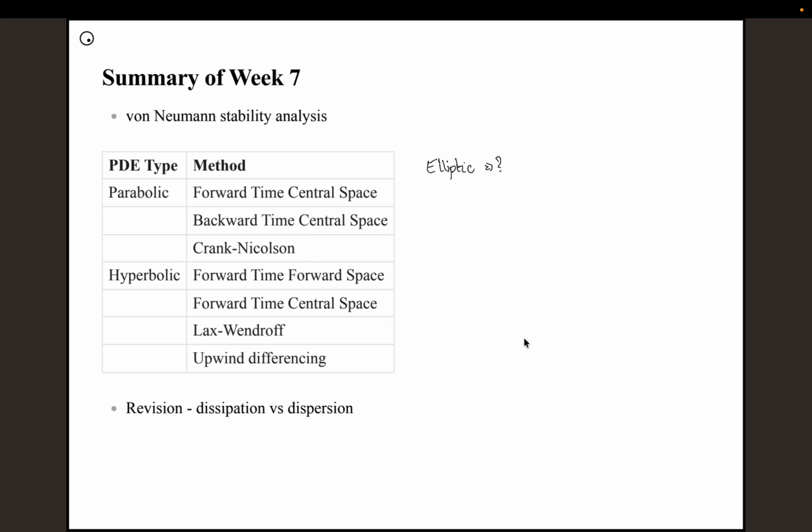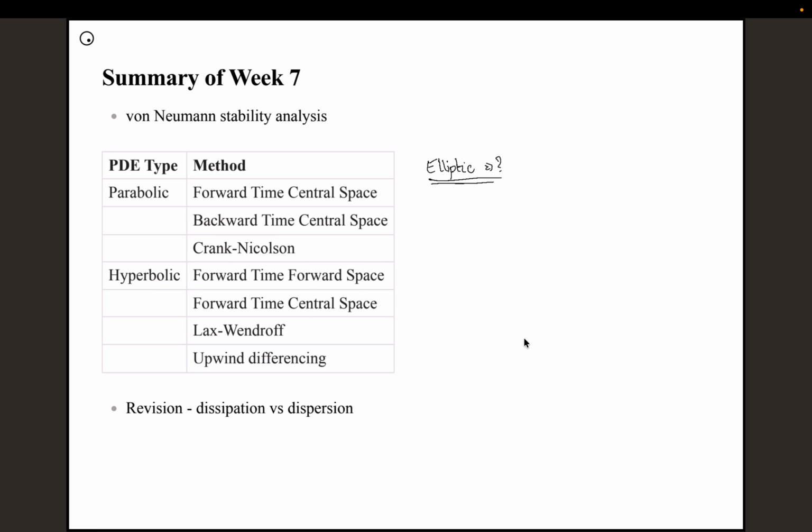So there the stability will only depend on the solver, and we will discuss this a little later, where we'll observe how the errors develop, how the errors propagate within, say, the Gauss-Seidel method, and what are the techniques to understand how this error decays as a function of your iteration number. There are other solvers also that we'll discuss a little later, not in this week. But for now, we will restrict to parabolic and hyperbolic, essentially in terms of time.